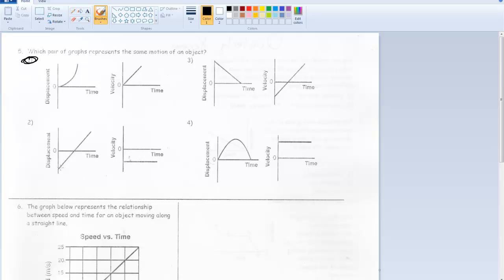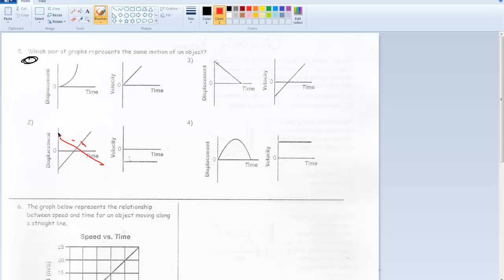So in this case, its displacement is increasing, but it has a negative velocity. So if a negative velocity, the graph really should look something like this. Its displacement would be decreasing. It should look something like that.